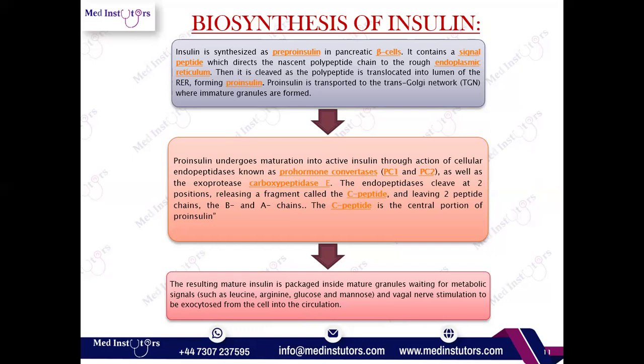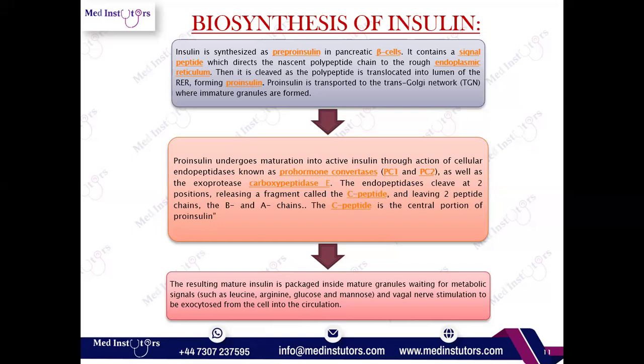The proinsulin undergoes maturation into active insulin through the action of cellular endopeptidases known as prohormone convertases, as well as the exoprotease carboxypeptidase E. The endopeptidases cleave at two positions, releasing a fragment known as C peptide, the central portion of the proinsulin, and leaving two peptide chains, the B and A chains.